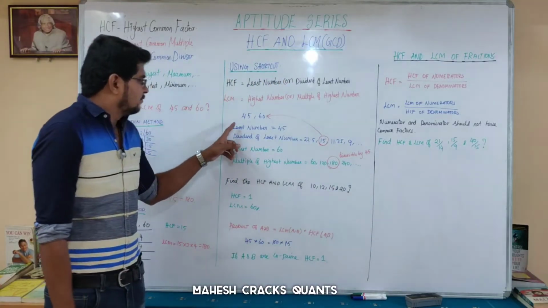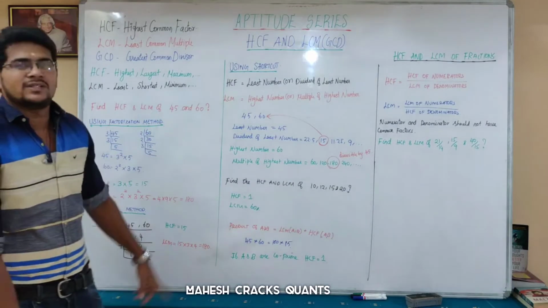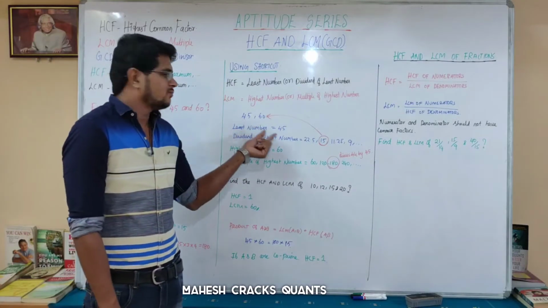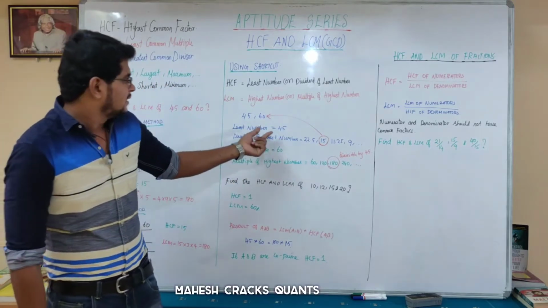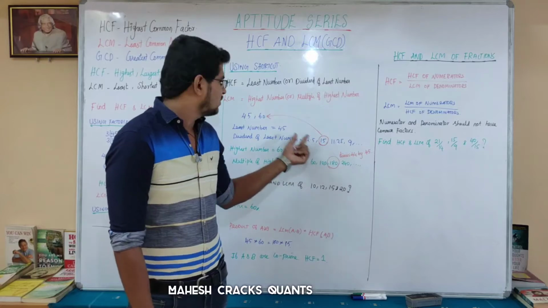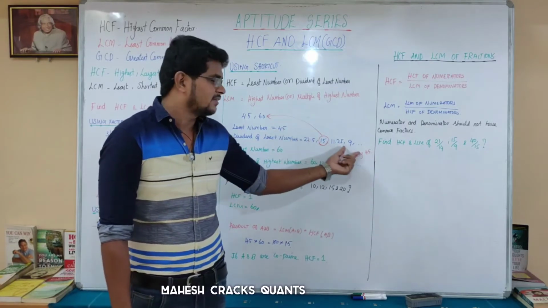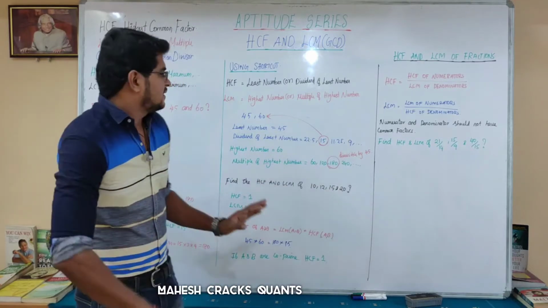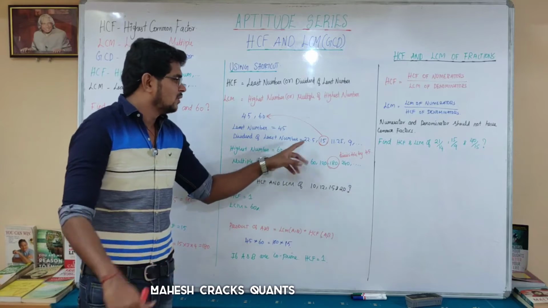Take the question with the numbers 45 and 60. What is the least number here? 45. So the divisors of the least number: 45 divided by 2 is 22.5, 45 divided by 3 is 15, 45 divided by 4 is 11.25, 45 divided by 5 is 9, and so on. Decimal values you will not take, so remove them.